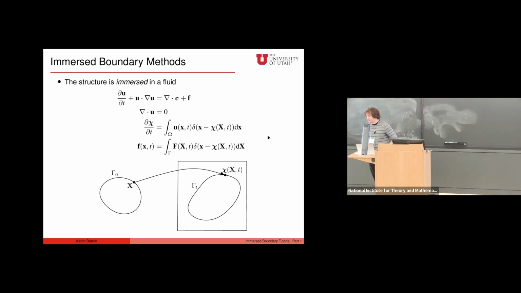And we have our structure as moving at the local fluid velocity. So we interpolate our velocity to the structure. Those deformations result in forces from some elastic energy or from some other model that we might care about. Those forces then get applied to our momentum equation, coupling everything together.